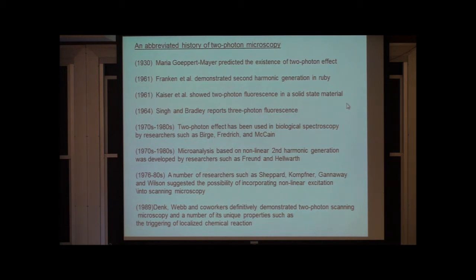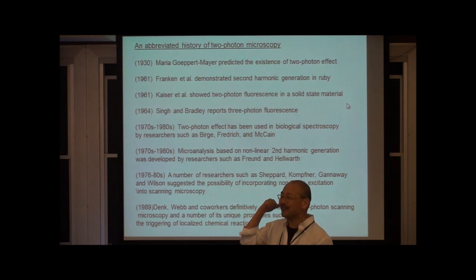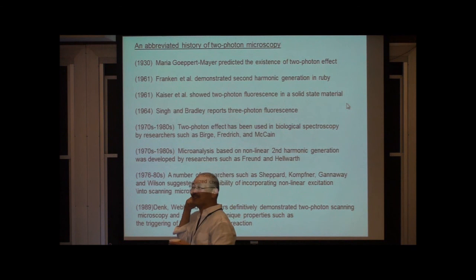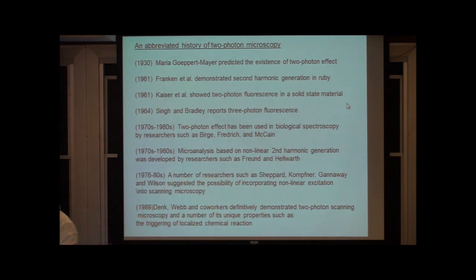She worked on the basic theory of quantum mechanics and asked whether it's possible for a molecule to absorb two photons at the same time. And as I showed you earlier, of course, the answer is that it is possible to excite with two photons at a time. That was the prediction of Professor Goeppert-Mayer's thesis.